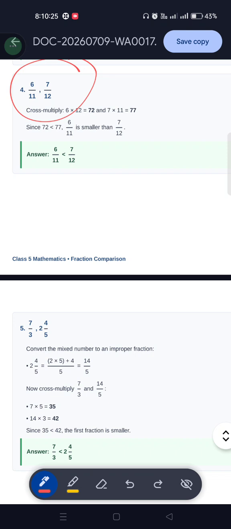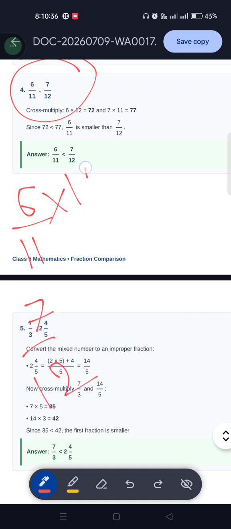You will write these two fractions here, 6 upon 11 and 7 upon 12. Okay, now multiply this fraction with 12 and this one with 11.